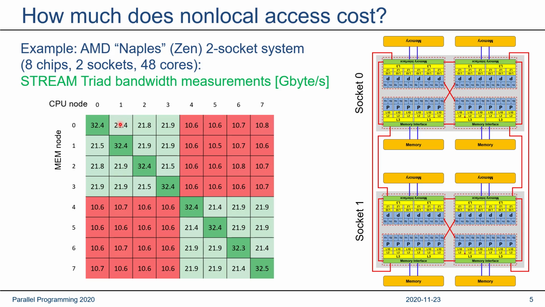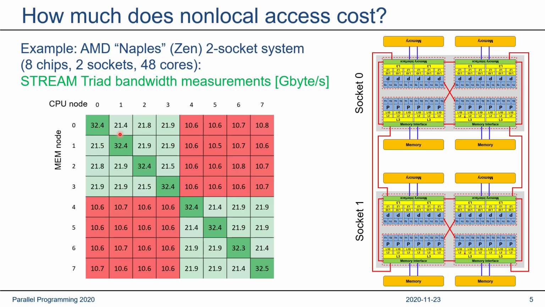Now, as soon as we go away from the main diagonal, this means we have non-local access, and we see the performance drops from 32.4 gigabytes per second down to roughly 21 to 22 gigabytes per second. So by going non-local within a socket, we already lose about 1/3 of the main memory bandwidth.